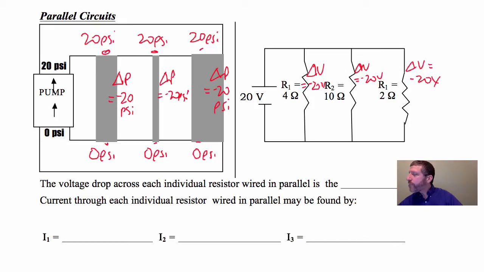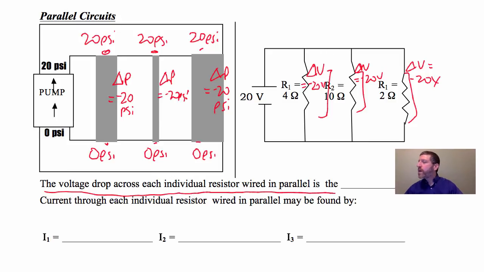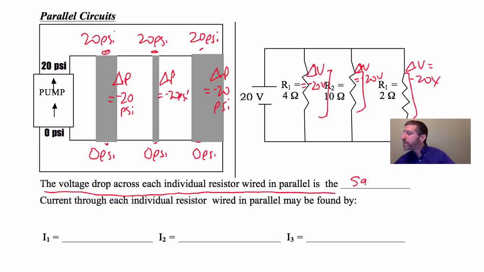The voltage drop across each individual resistor wired in parallel is the same, and it's equal to delta V total, which is the voltage drop across the power supply. And that's only true if it's a pure parallel circuit, not combined with other series circuits or anything like that.